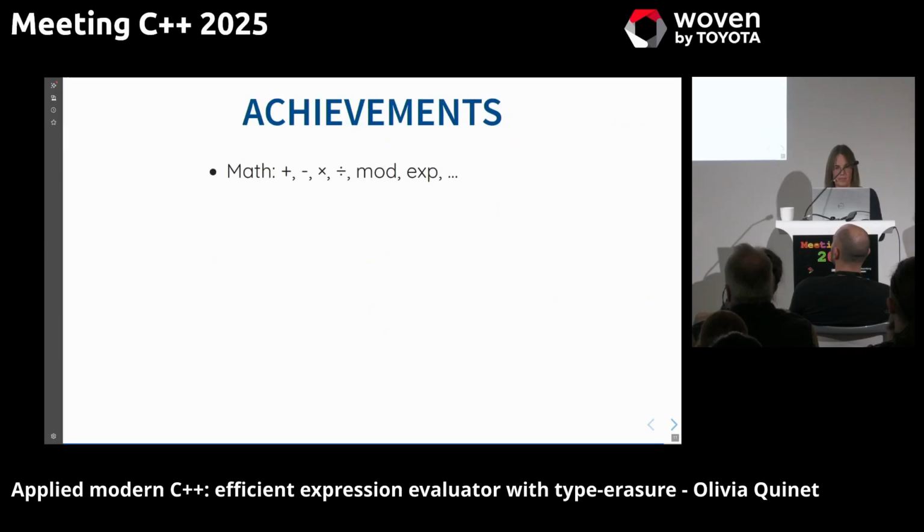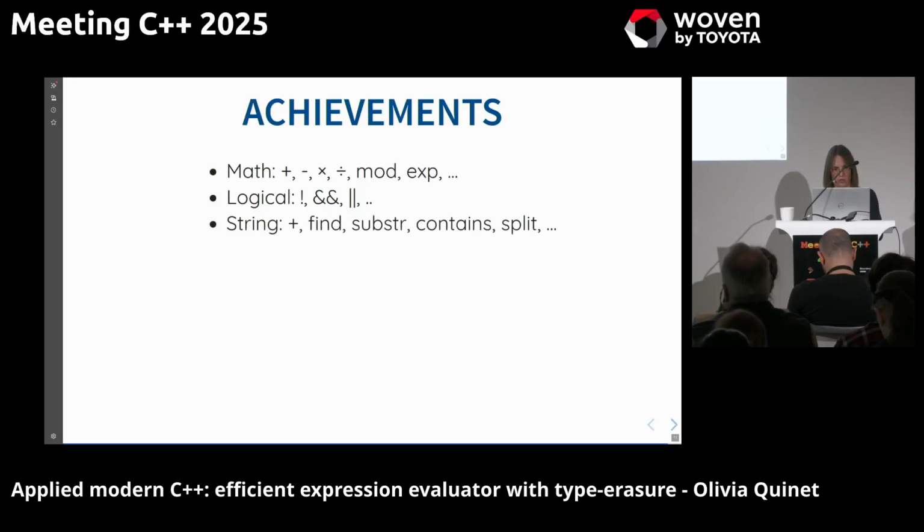So doing this work, what did we do? We support some common mathematical operations and functions. We support some logical expressions. We support strings, so concatenation of strings, also finding things in a string, taking substrings, checking if a string contains another string.